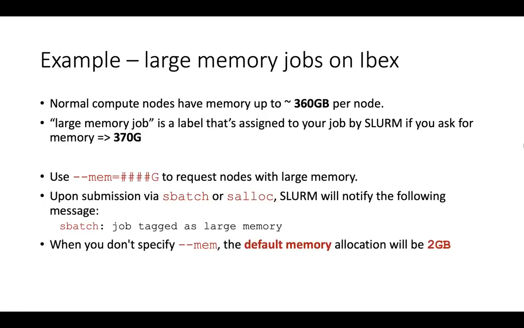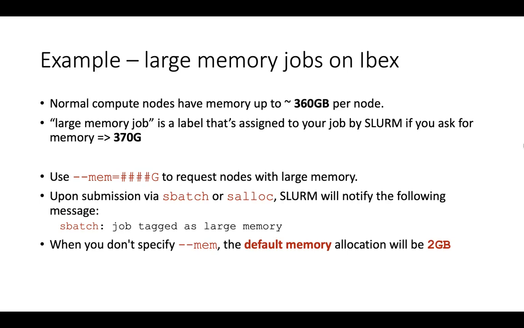For allocating a large memory node to the submitted job, the directive --mem can be used. Standard compute nodes in Ibex Cluster have a maximum of 360 gigabytes of allocatable memory. Setting the --mem directive to more than 370 gigabytes indicates to SLURM that a large memory node is required for this job.